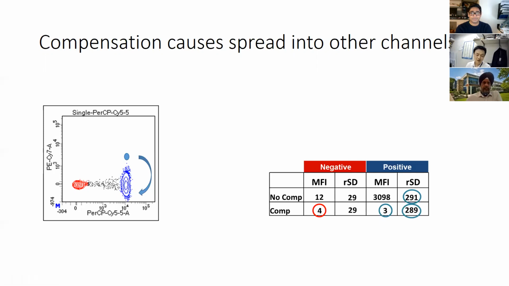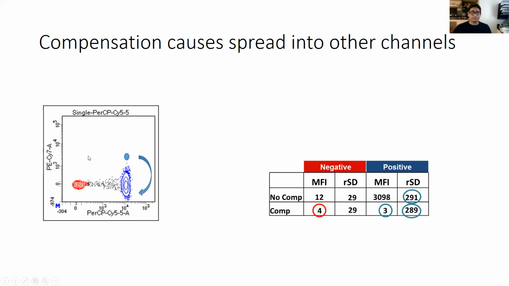Log scale is different from linear scale. If one population is located here, it spans from about 1,000 all the way to 4,000, so it spans around 2,000. So the mean fluorescence is about 3,000. That's why it's located here.